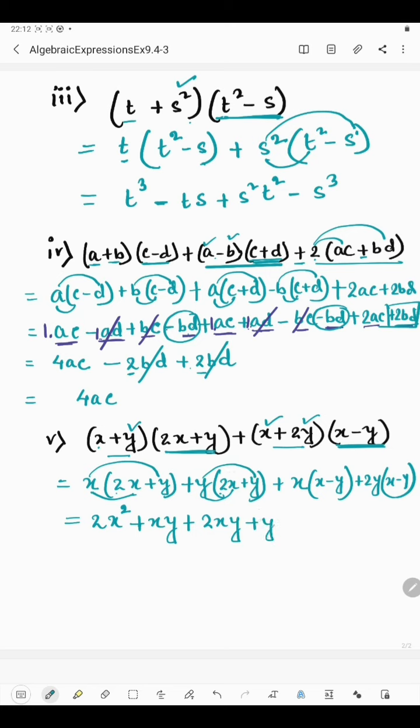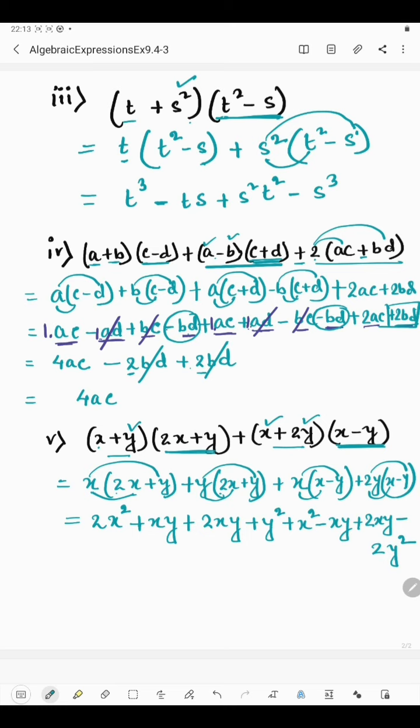So it will be y square. Now here x into x is x square minus x into y, xy, plus 2yx, means 2 multiplied by xy, or yx is the same. Okay, then minus sign. Now 2y multiplied by y, so it's 2 and there is y into y, so it's y square.